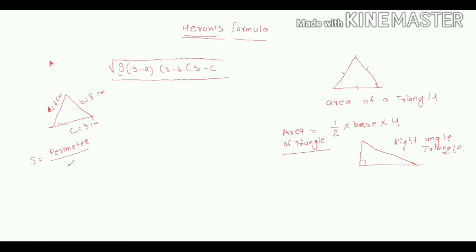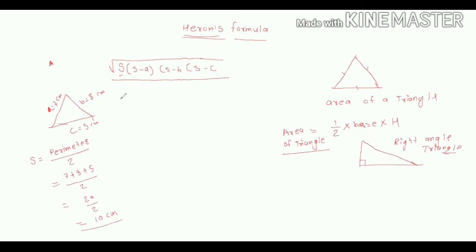What is the perimeter of this triangle? 7 plus 8 plus 5, divided by 2. It means 20 divided by 2, so I will get 10 centimeters.